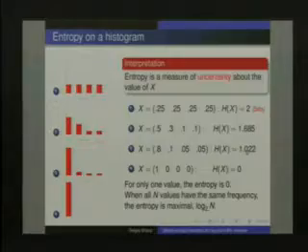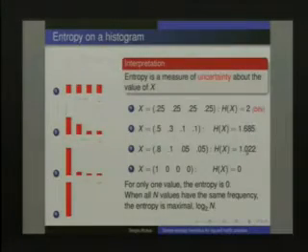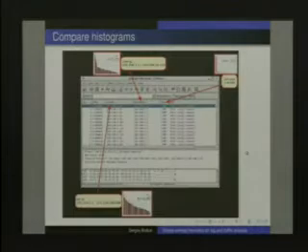The entropy of having only one value, perfect knowledge, is 0. Well, when all n values have the same frequency, entropy is maximal, and it's log n. And for everything else, it's in between these bounds. So now, for each histogram, I have a one-number measure of the uncertainty of this associated distribution.